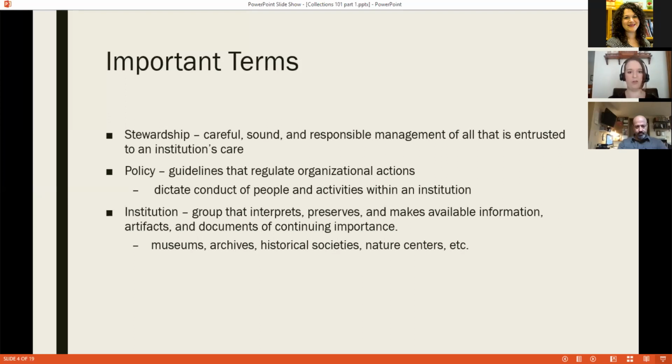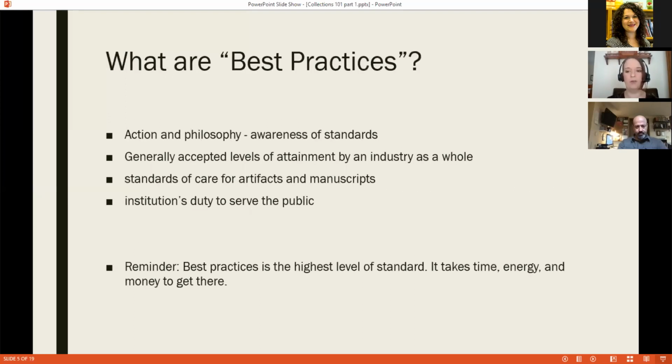Another thing I thought would be good to go over is best practices. Best practices aren't regulated to the history world or the institutional world. It's an action in philosophy, an awareness of standards. These are generally accepted levels of attainment by an industry as a whole.